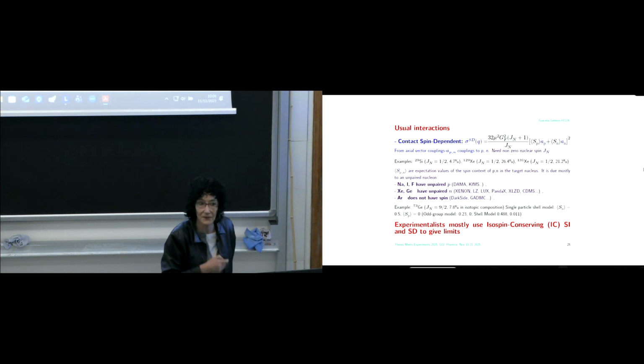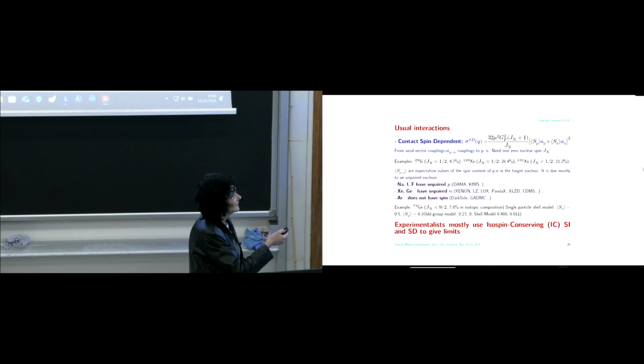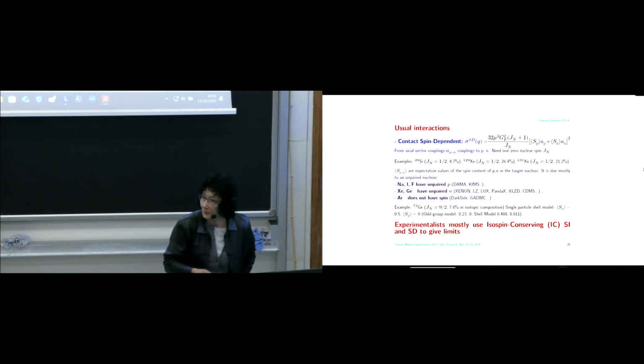The other is the spin-dependent interaction. Spin-dependent interaction comes from a coupling that is axial vector, gamma mu gamma 5 coupling. Now here you have form factors that are the form factors of the spin carried by protons and carried by neutrons, and you could have different couplings, a_p and a_n, with the protons and neutrons. This is in general what it is. So in order to have any response from a nucleus, you have to have a non-zero spin in the nucleus.